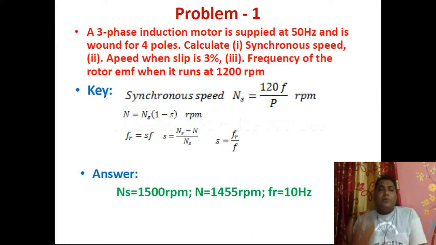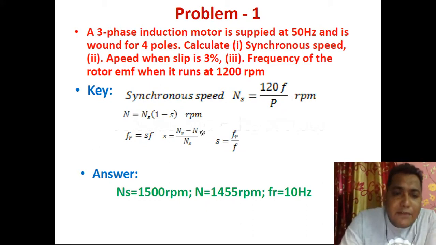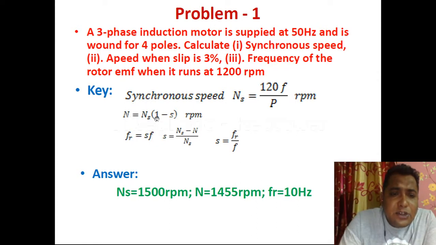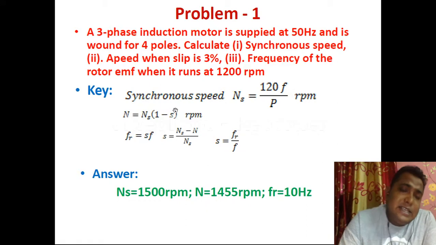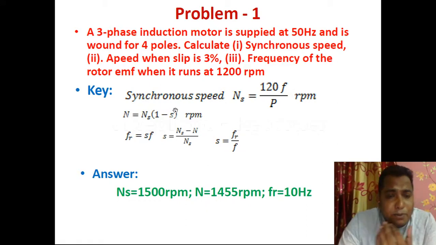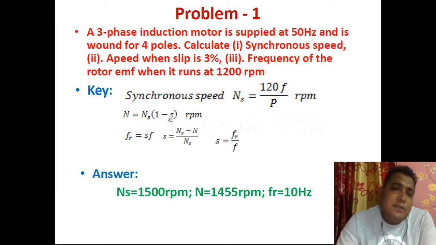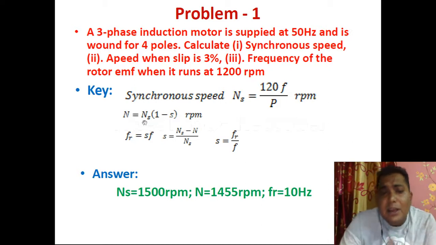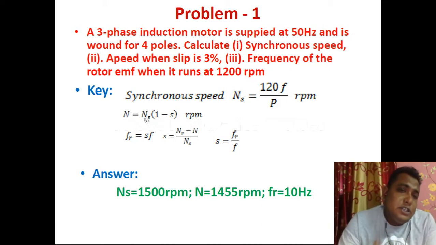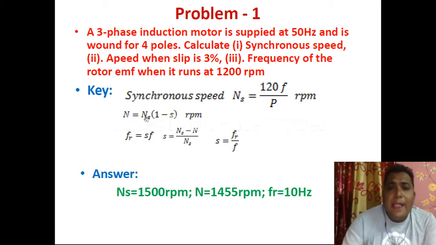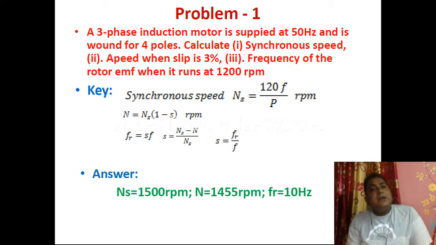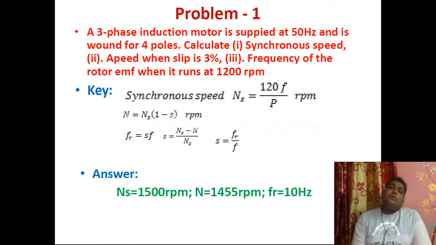N. If we put the values, follow my pointer, N is equal to Ns into (1 minus S). When putting the value of S, we have to eliminate the percentage, so we do 3 by 100, and then we can find the actual rotor speed.